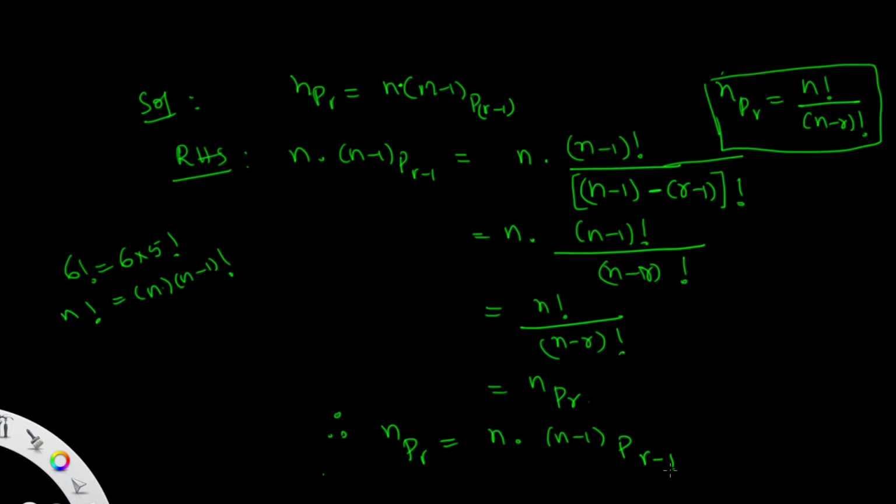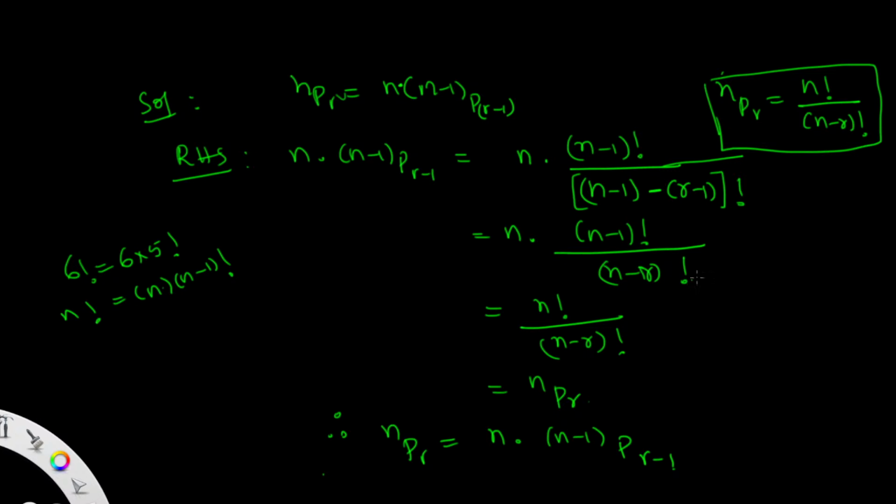These are simple general two mark question problems. Given in the question, we prove that nPr is equal to, taking the RHS, n into (n minus 1)P(r minus 1), that is n into (n minus 1) factorial by (n minus r) factorial, and n into (n minus 1) factorial is n factorial, like 6 into 5 factorial is 6 factorial.